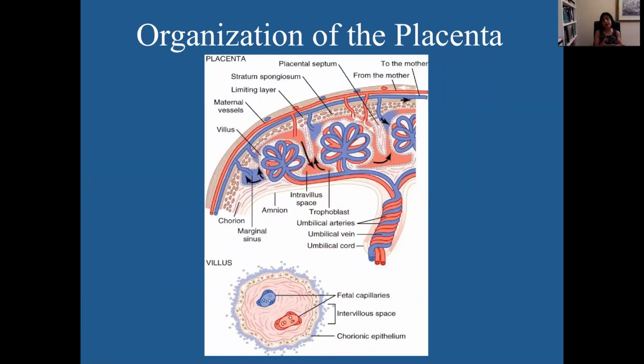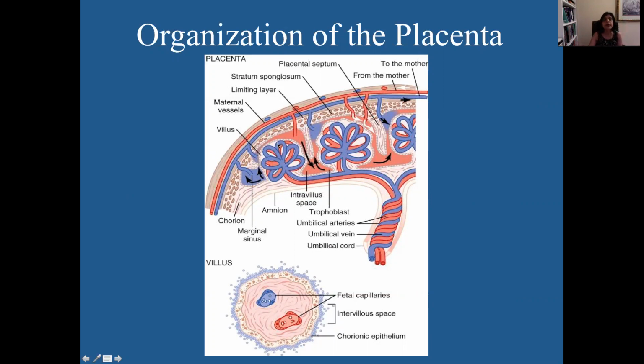It's made of a mixture of both maternal and embryonic tissue. There are some blood vessels shown here. The red one that you see would be the one that supplies the fetus, and then the blue one is the one that's the maternal vessel.